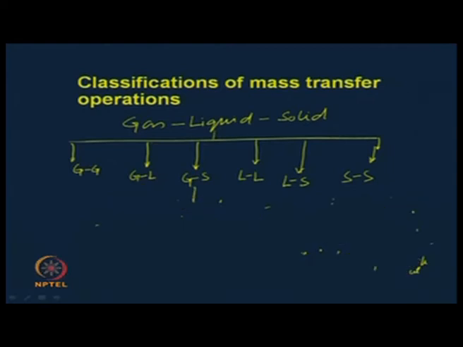Now, consider the gas solid systems. One of the examples of gas solid system is the drying. So, in this case also solutes are changing hands between solid and the gas.